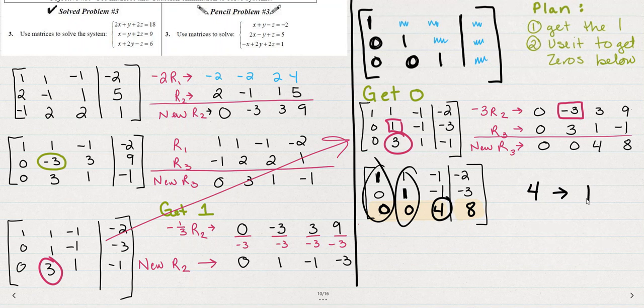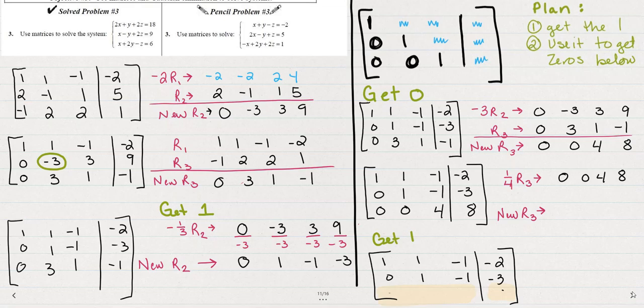What could we multiply 4 times to turn it into a 1? If you're saying 1/4, you're correct. If I multiply 1/4 times 4 and then multiply the 8 times 1/4, because you have to do it to the whole row. I'm ignoring these zeros because 1/4 of 0 is still just 0. But here's what it would look like.